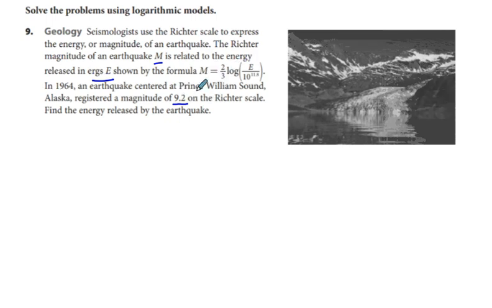Okay, so let's go ahead and put these values in and simplify and solve for E as best we can. So M is the magnitude of the earthquake. So we're going to put 9.2 is equal to 2/3, and we're going to have log of the quotient of E over 10 to the 11.8 power.